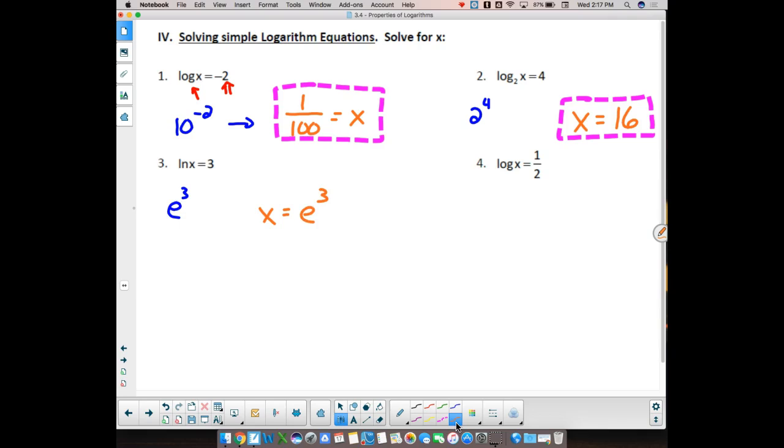We could type it in our calculators, right? I think we get like 20.8 something. Borrow the big pearl here for a second. 20.08553692. We'll just leave it as E cubed. Okay.